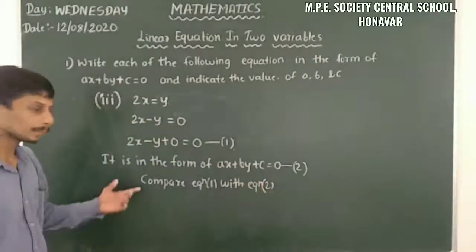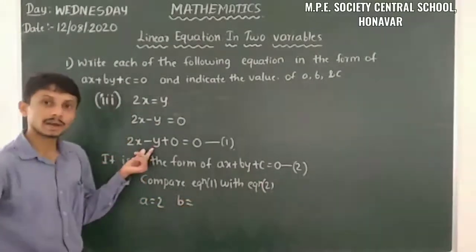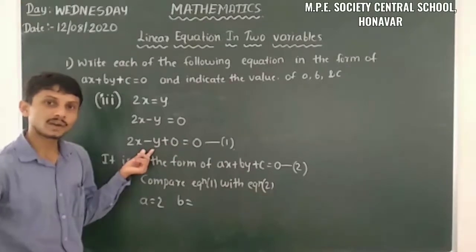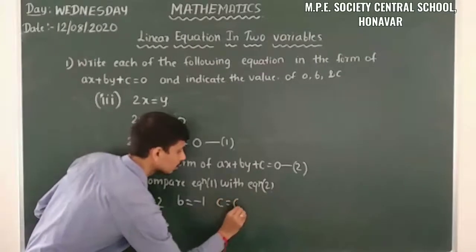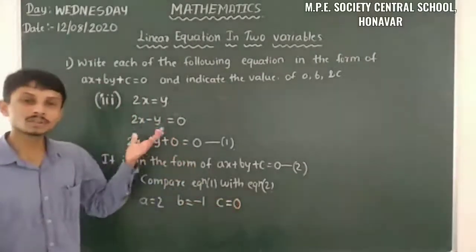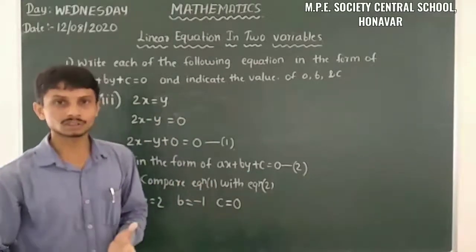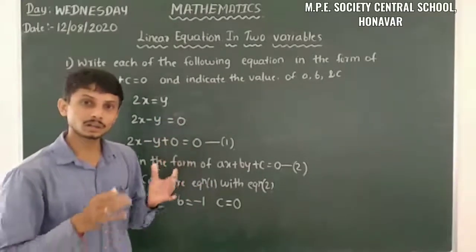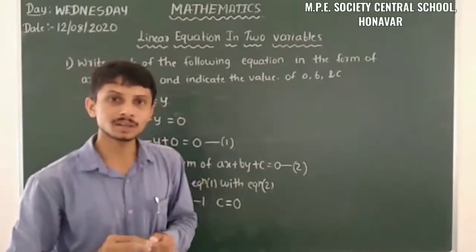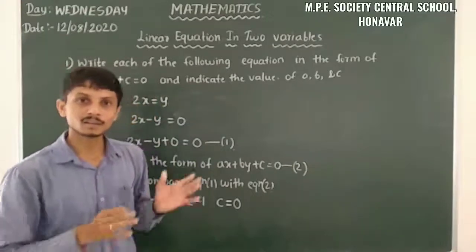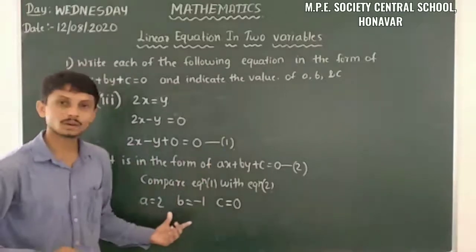What is the value of a here? a is equal to 2 and b is equal to minus 1, since minus y is there, and the value of c is equal to 0. So this is about how to find the coefficient of x, y and the constant term. Firstly we have to convert it into the standard form of the linear equation in two variables. Then we have to compare both equations. Then we have to find the values of a, b and c.